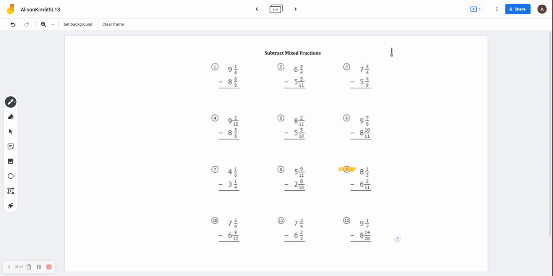So that's what we're going to do. 1/3 times 11 over 11 gives us 11 over 33. 2 over 11 times 3 over 3 gives us a fraction of 6 over 33. And since 1/3 was on top of 2 over 11, it's going to be 11 over 33 minus 6 over 33.